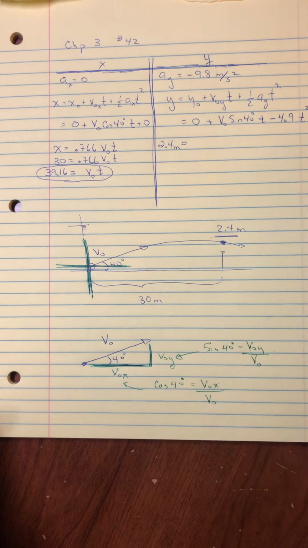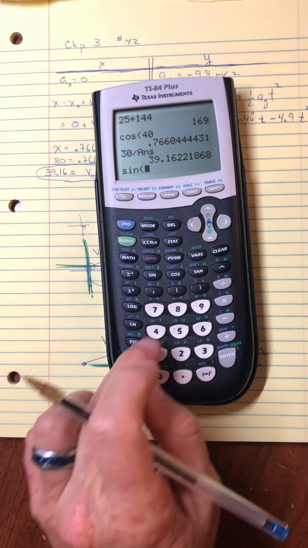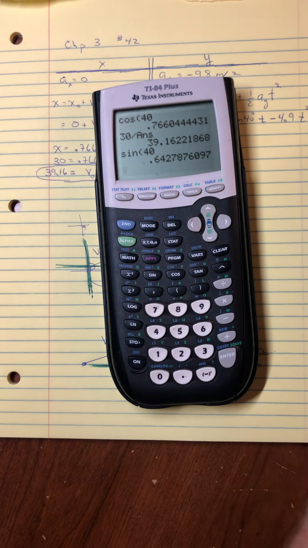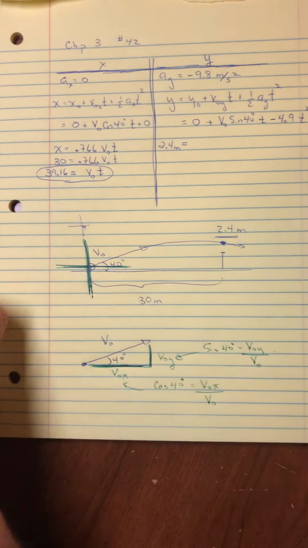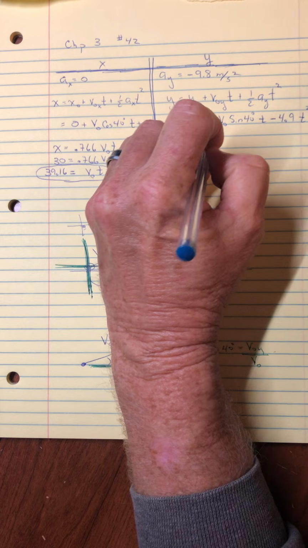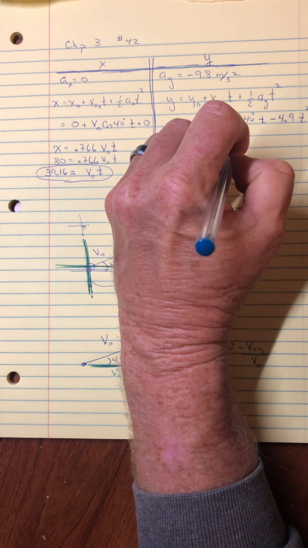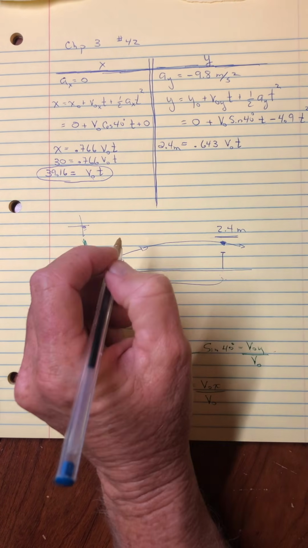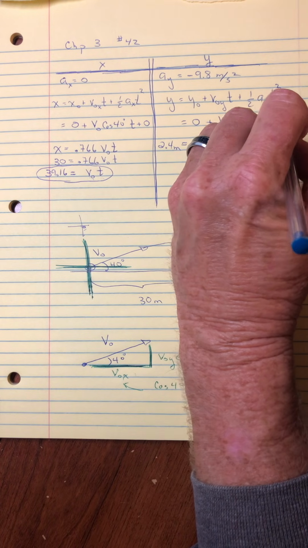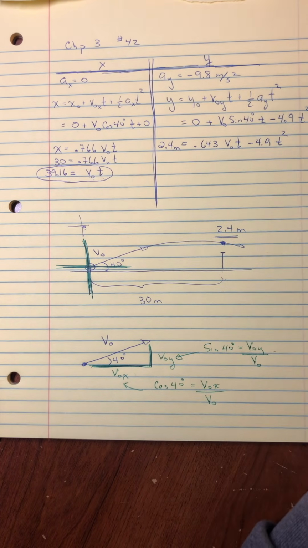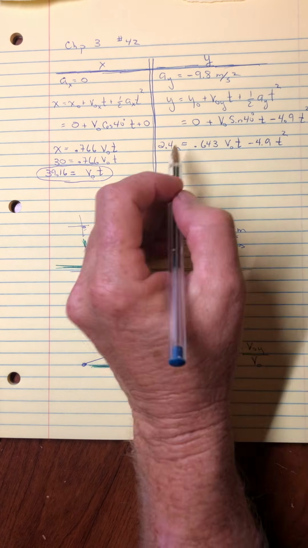I could also put in the decimal equivalent of sine of 40 degrees, which is 0.643. So 0.643 initial velocity times time minus 4.9 t squared. Okay. And I'll just leave that.